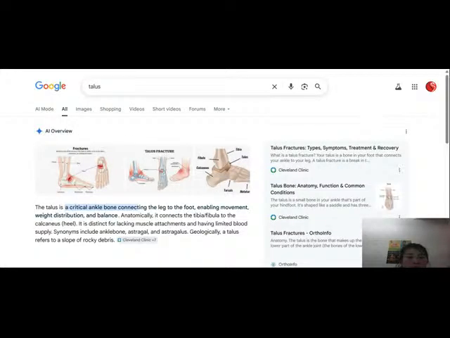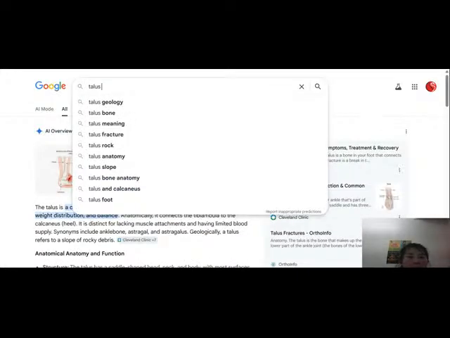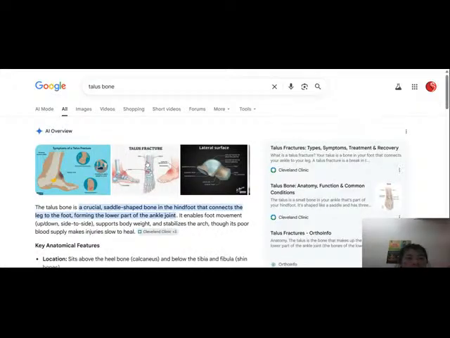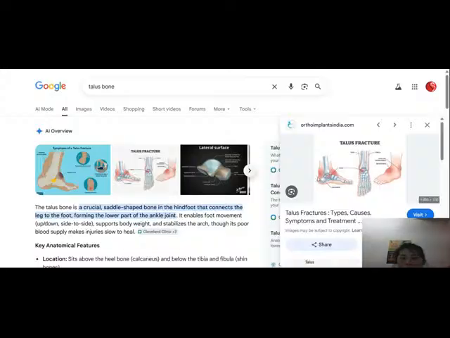Talus bone. Yeah, so I can show you on another photo.